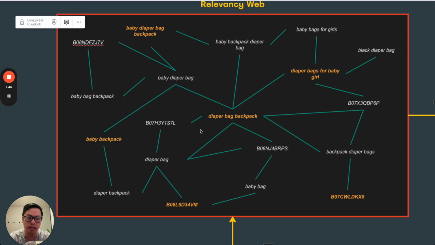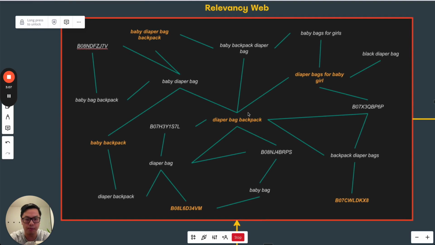Amazon has all this conversion data of how they perform, and the likelihood of how one keyword can perform in terms of conversion rates compared to another keyword and product target and vice versa. As a practical example to explain how this relevancy web works, in the middle here we have the keyword diaper bag backpack. Let's say your product got a sale for that.